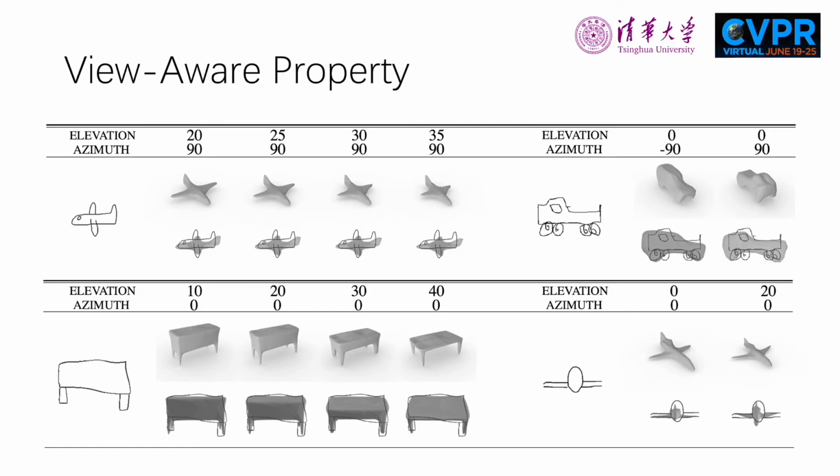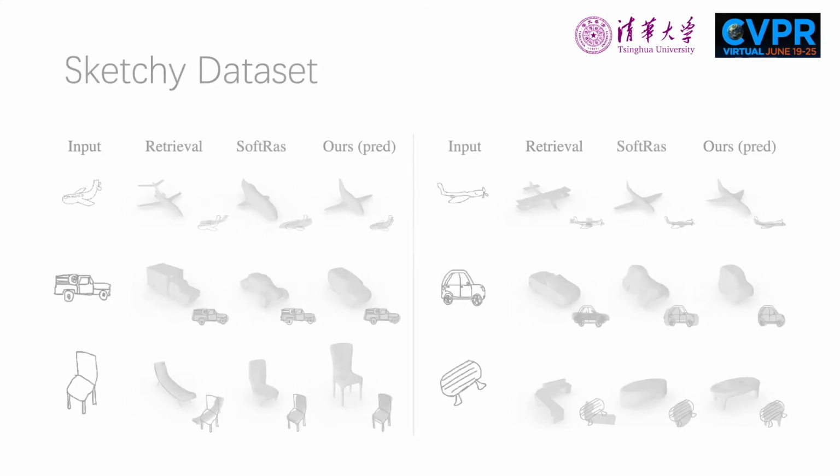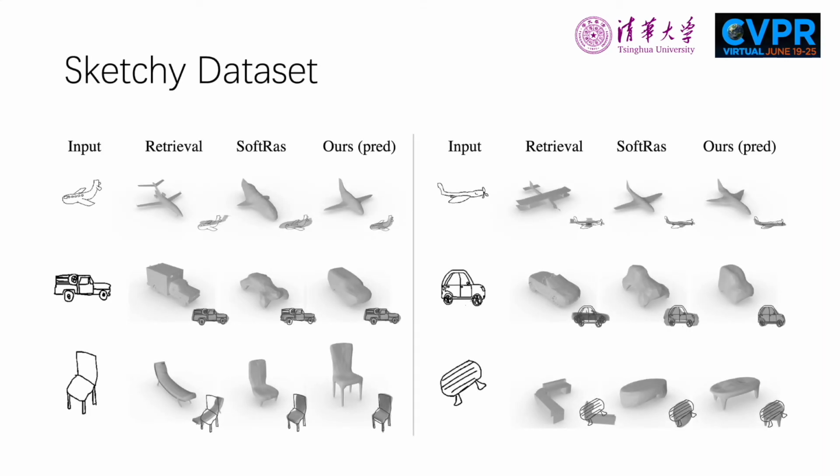If seen from the side of the table with a small elevation angle, the synthesized result will have a thick top and short legs. As the elevation angle gets larger, the tabletop gets thinner and the legs become longer to satisfy the silhouette constraint.